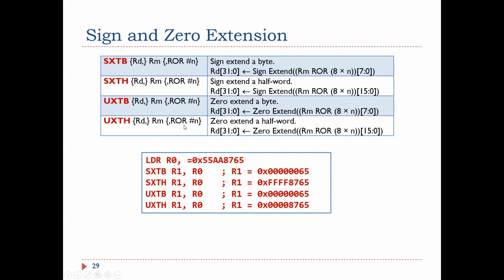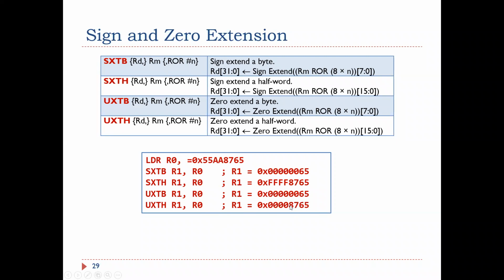And zero extend half word is the same thing. You are going to take the lower half word, but you're not going to extend the sign. By using UXTH, unsigned extension of the half word, you can see that you are taking the half word 8765, the lower half word.